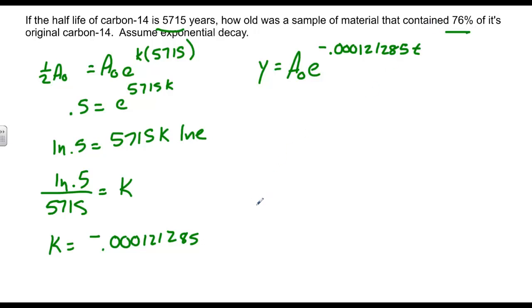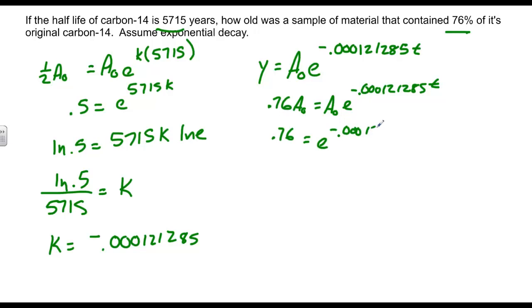amount. So if it contains 76%, then 0.76 a sub o is equal to a sub o e to the negative 0.000121285t. And again, we're solving for t. So I divide both sides by a sub o, we get 0.76 equals e to the negative 0.000121285t.